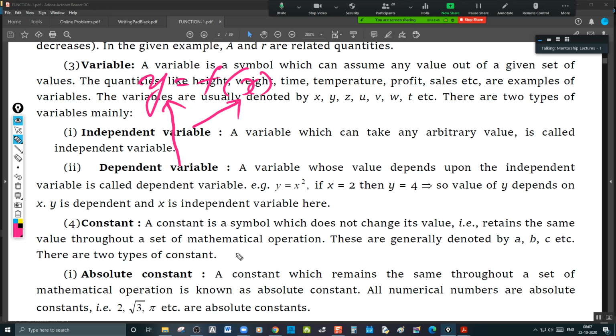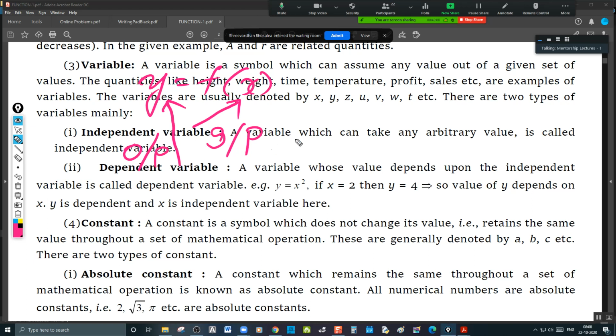Why is it so? If you give different values to x, then you will be getting the result. So this is input, I can say. This will be output.